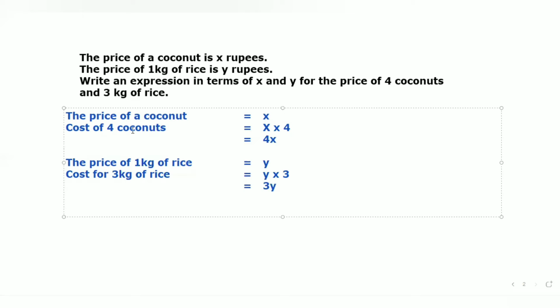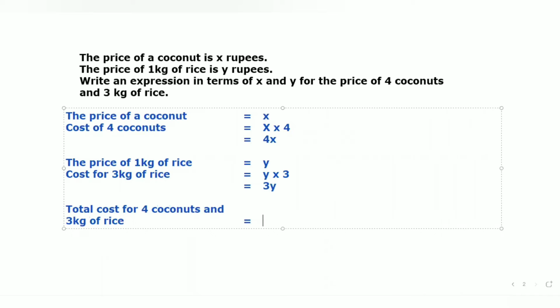Next, they are asking for the total cost to buy all these things. The total cost for 4 coconuts and 3 kilograms of rice. 4 coconuts is 4x, and to that we add the cost of 3 kilograms of rice, which we found as 3y.